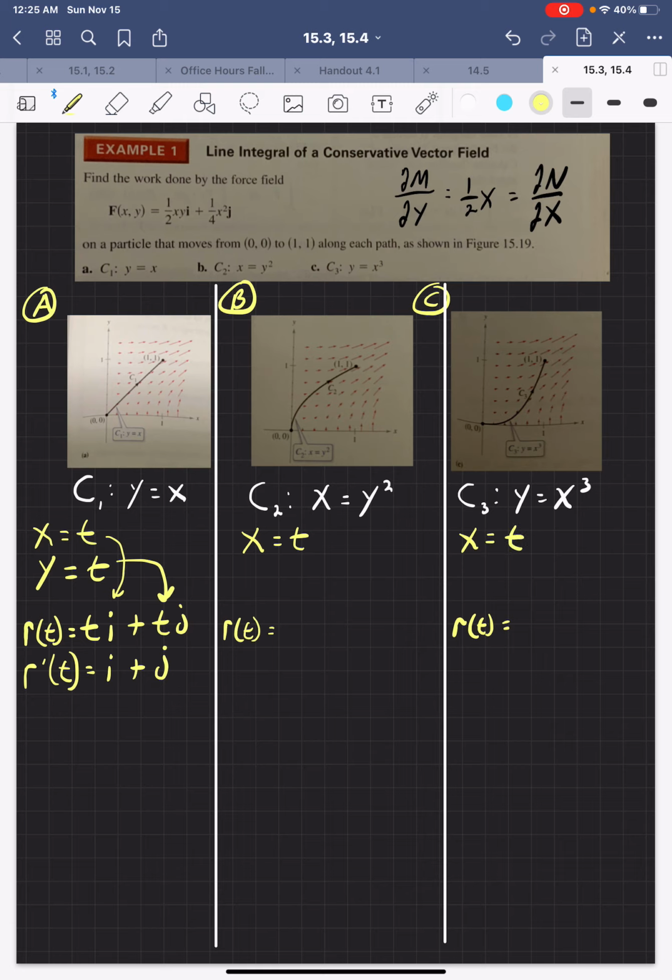Now that you've defined x to equal t, the consequence is that y is going to equal the square root of t.